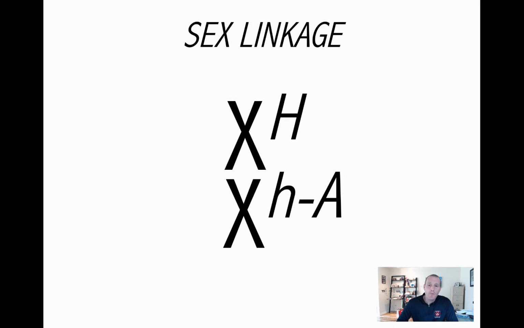So there's a gene that produces factor VIII, and then there are two alleles of that gene. And those alleles are found on the X chromosome. Well, that gene is found on the X chromosome, I guess we should say. And so the two alleles are X superscript uppercase H and X superscript H-A. We're going to call those XH and XHA. So those are the two alleles that we're going to be discussing.